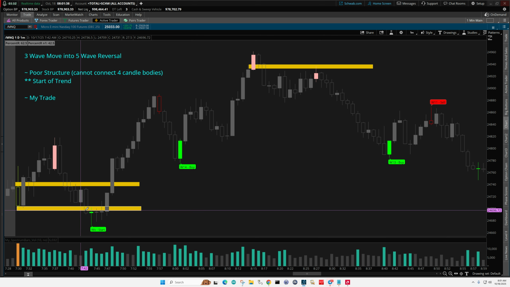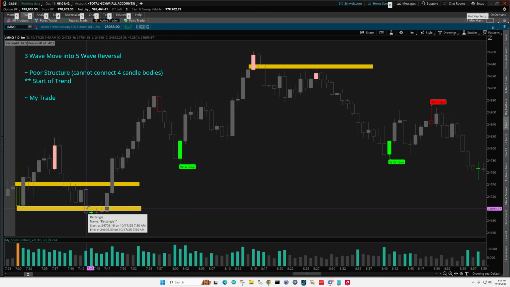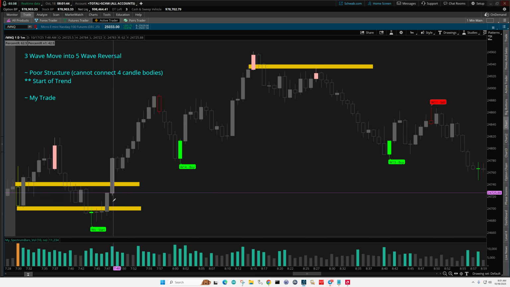So down here, we could only connect this candle body and this candle body, and price goes up. That's poor structure, and price is leaving that zone, and it tells you it's leaving the zone by leaving poor structure behind. Same thing here.